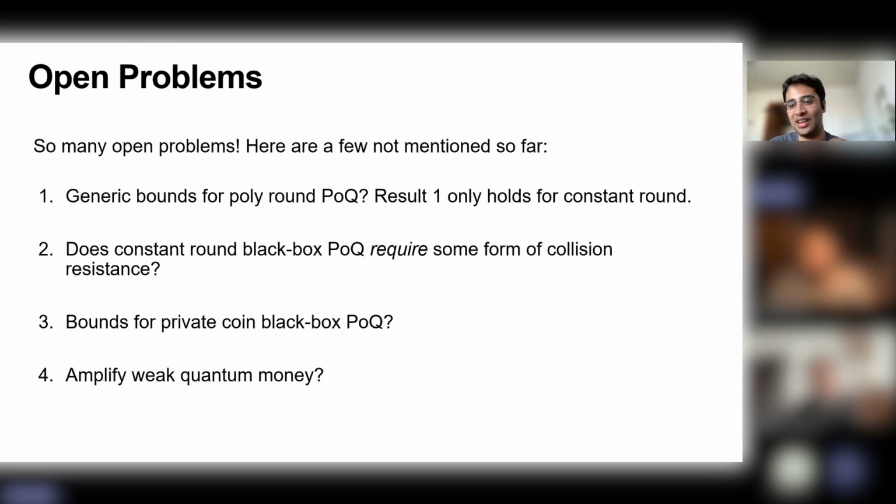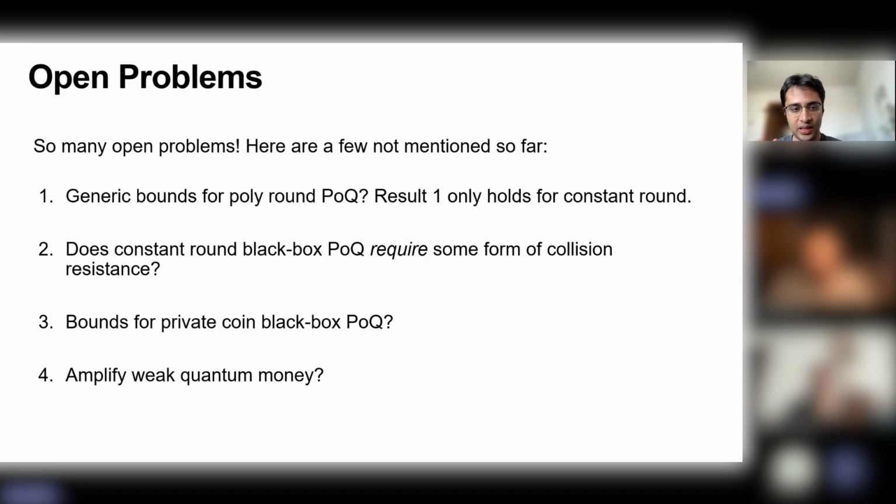So can you make this formal? Can you say it requires some form of collision resistance, or it requires statistically hiding commitments, which I think is going to be the right object to get? That seems very close, since all our techniques are using these things. Can you show it formally?